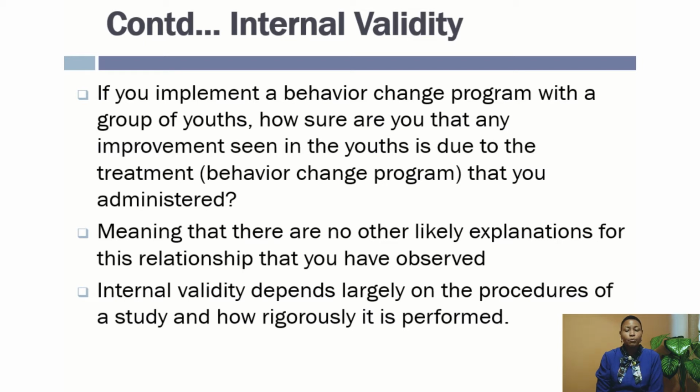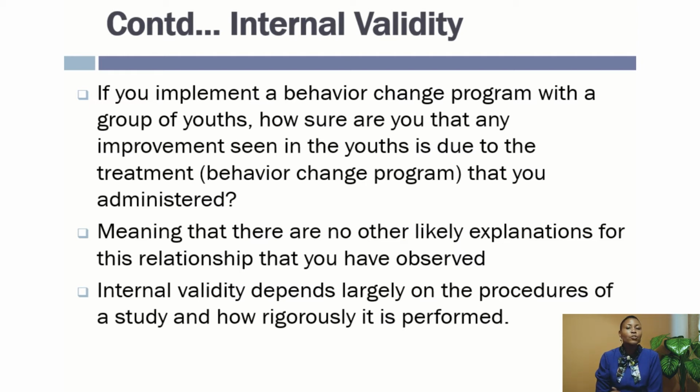Let's give an example. If you implement a behavior change program within a group of youths, how sure are you that any improvement in behavior seen among the youth is due to the treatment, your program that you have administered? There are likely to be many other explanations that may have brought in the change in behavior, including your program.